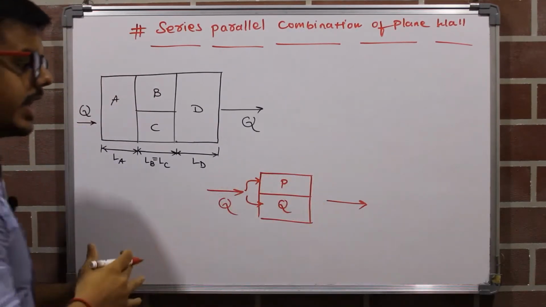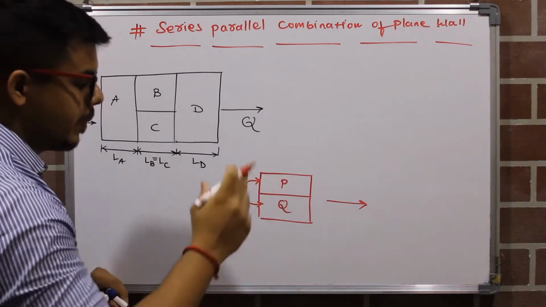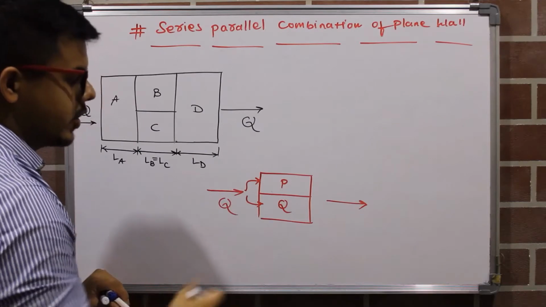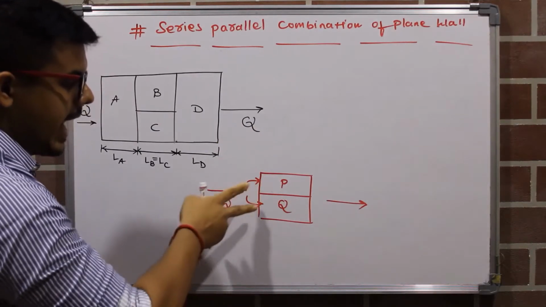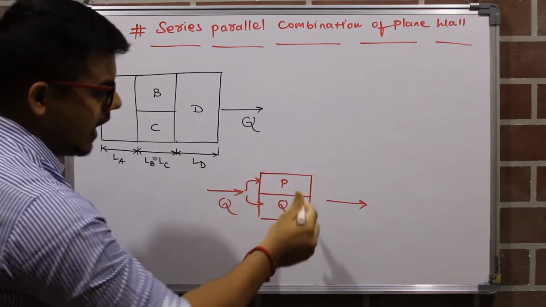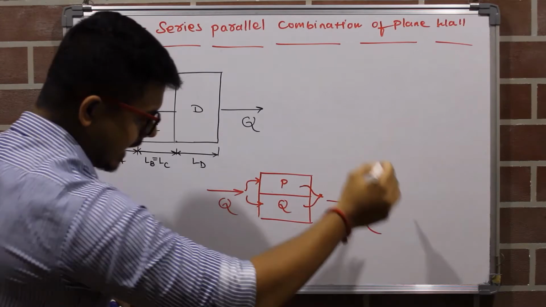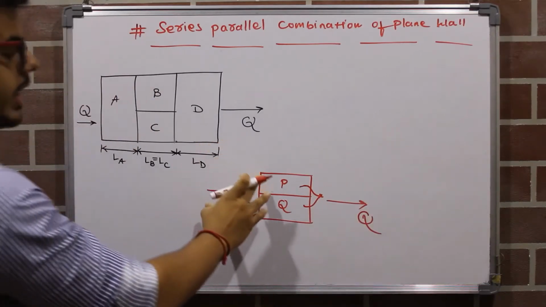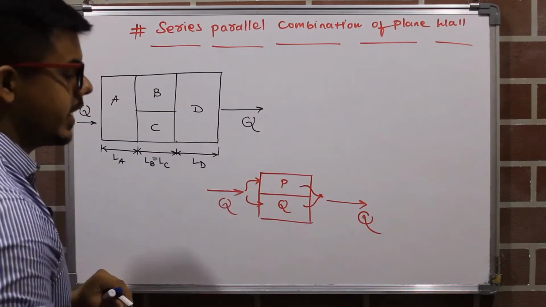Whenever the heat divides, we can say the walls are connected in parallel. The heat will divide at this interface into 2 parts and travel through these walls, and again at this point it will combine and we will get Q at last. So the walls are connected in parallel.